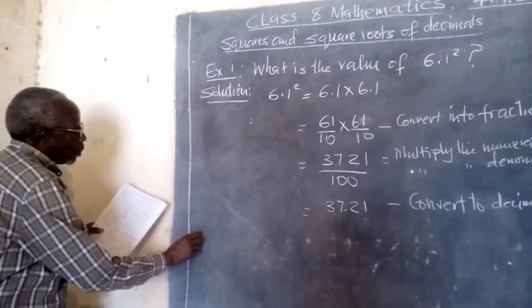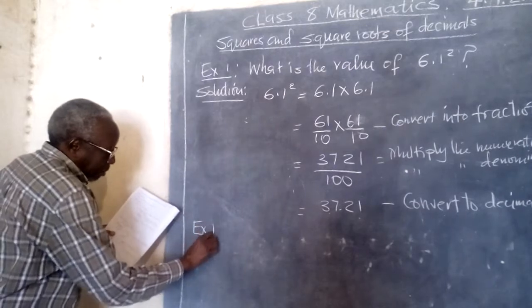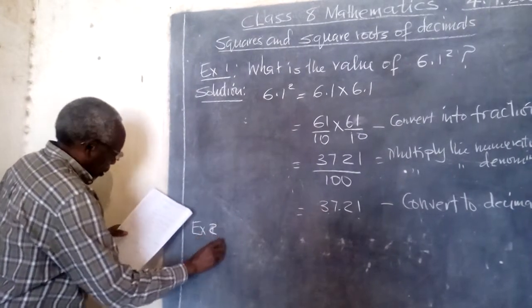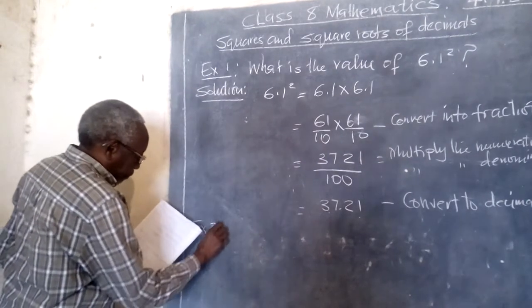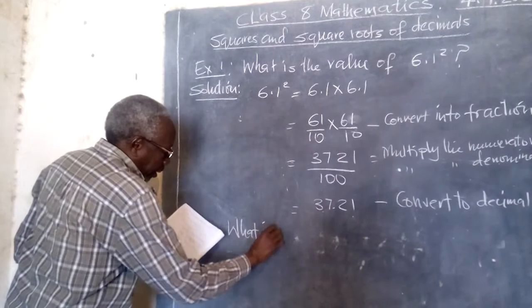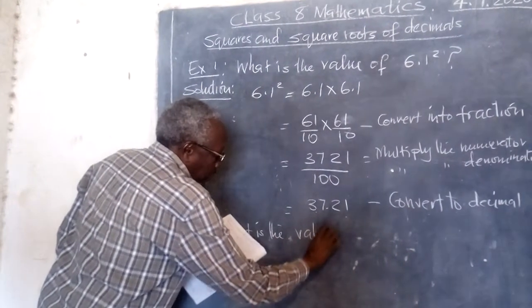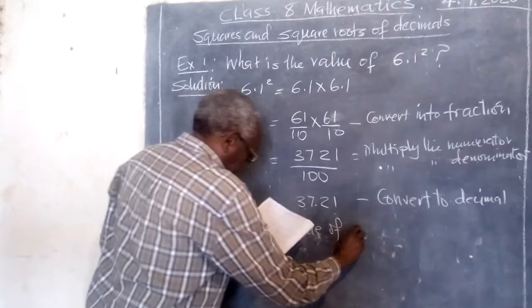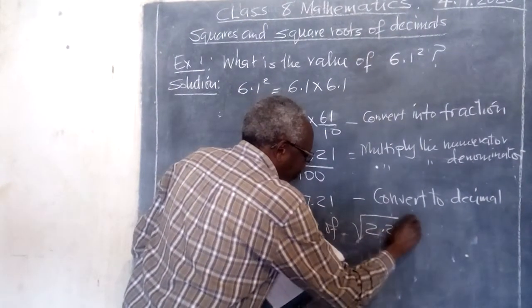Our next example, example number 2, will involve square roots. What is the value of the square root of 2.25?